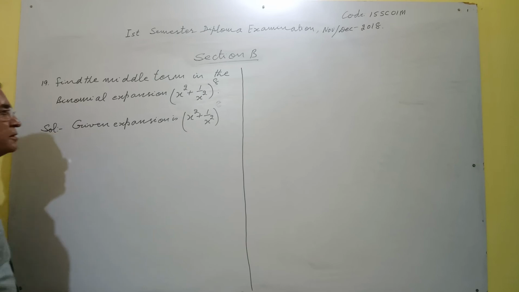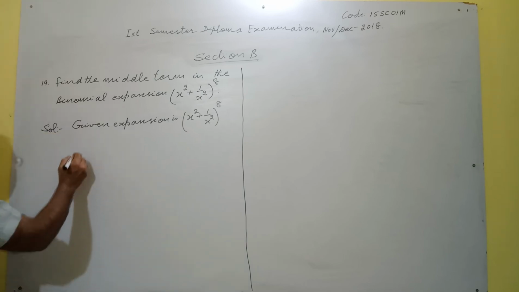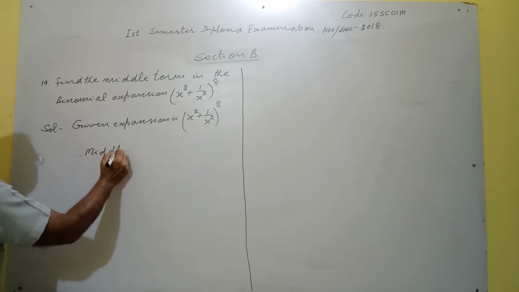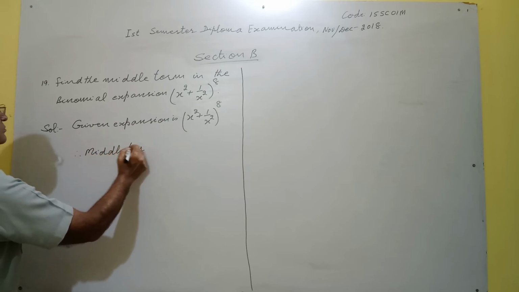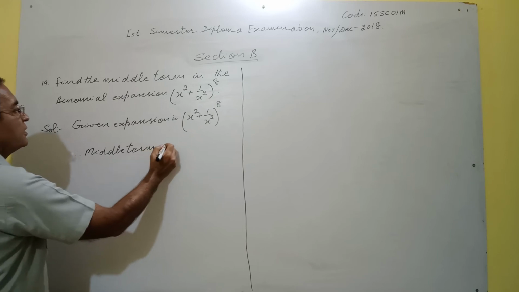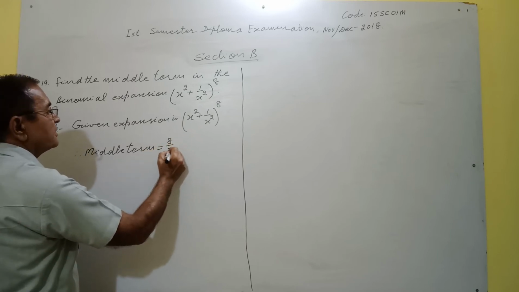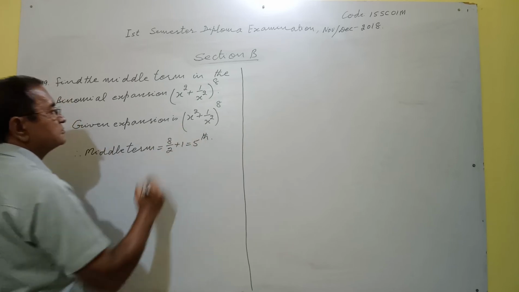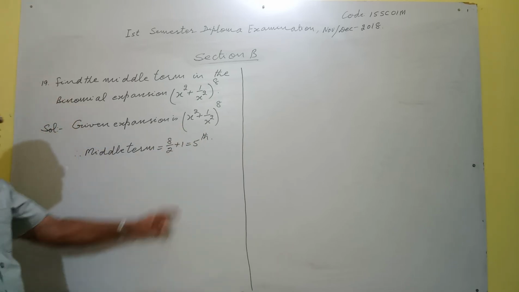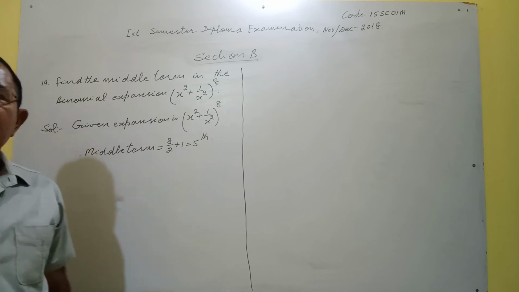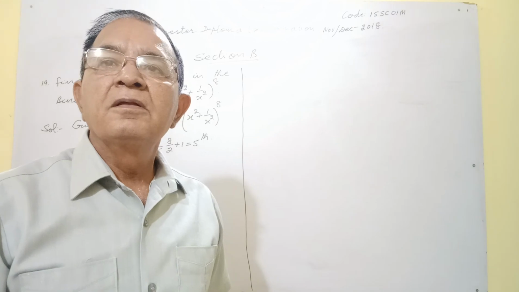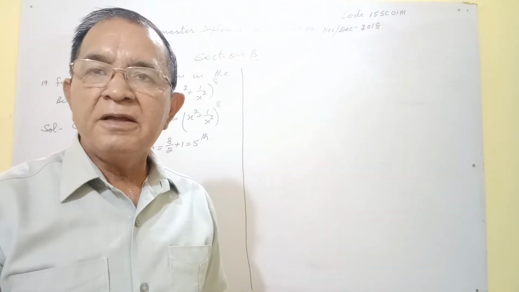Therefore, the middle term will be 8 by 2 plus 1, that is fifth. If power is even, then middle term is divide by 2 and add 1.